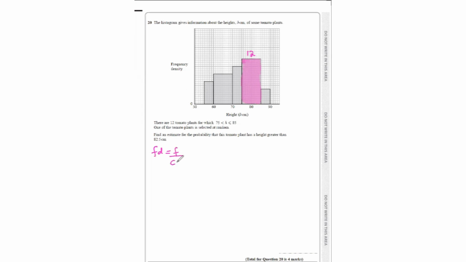Frequency density is frequency over class width. For this interval, frequency is 12 and the class width is 10 because 85 minus 75 is 10. Class width is the difference between the maximum and minimum value of the interval. So that's 1.2.